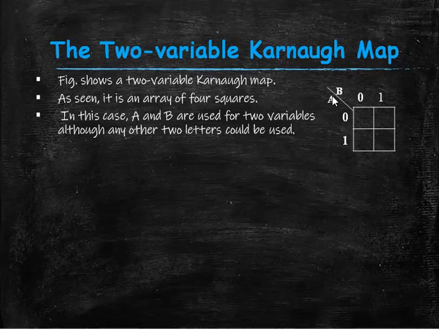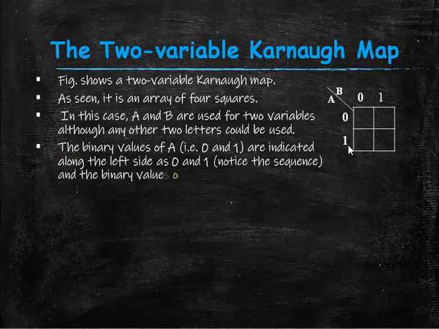And in the case of B, there must be 2 different possibilities, that is 0 and 1. In the 2 variable Karnaugh map, we write the 2 binary values of A on the left of the Karnaugh map and the values of B on the top.